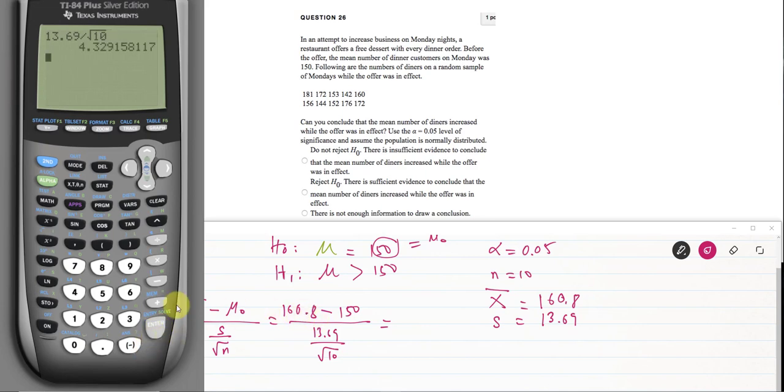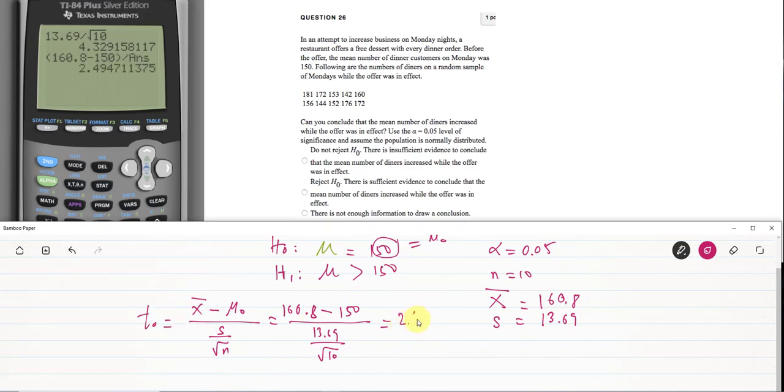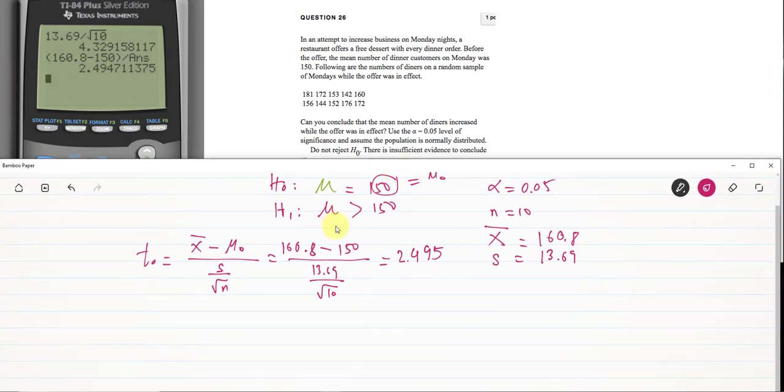And then you take the top, 160.8 minus 150, and divide by whatever you just got. That will give me 2.495.